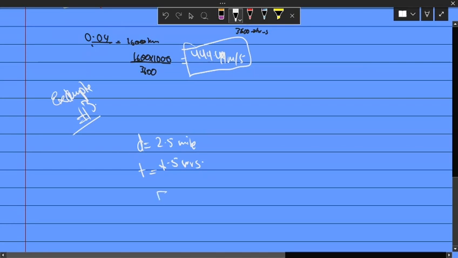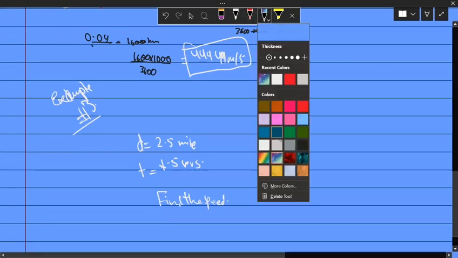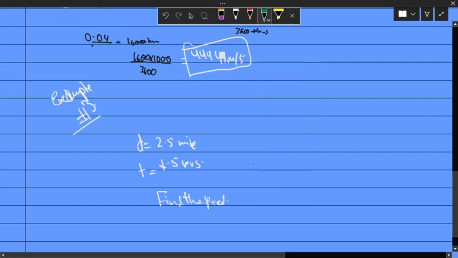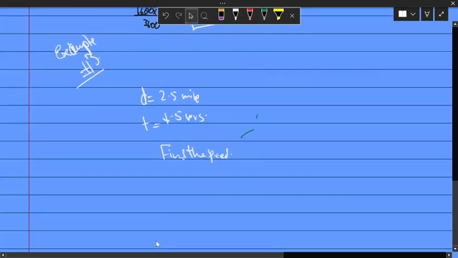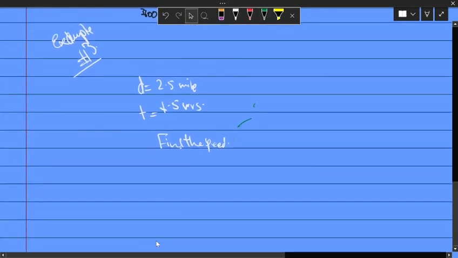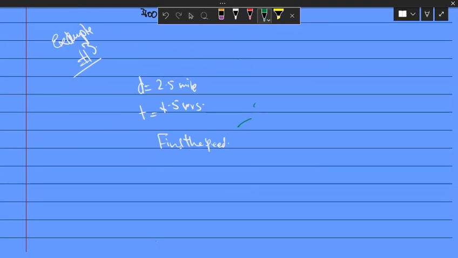We have to find the speed of the car. So how do we find it? First we have to put the values. So the distance is 2.5.